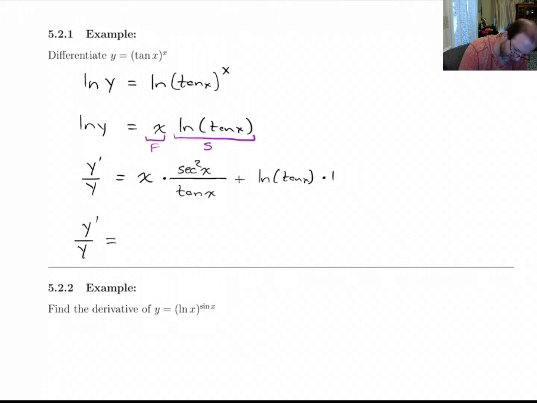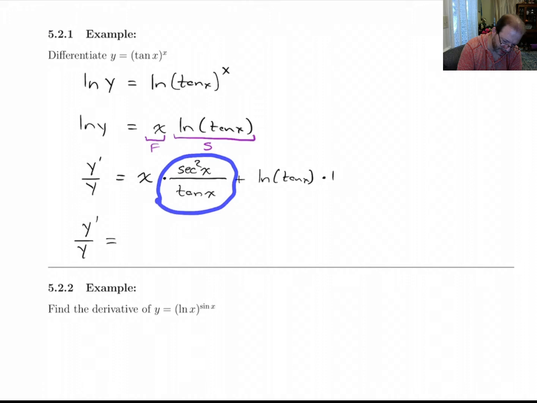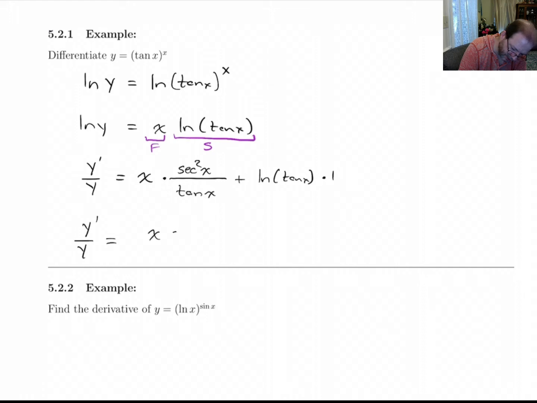There's not really much we can do here. We might be able to rewrite this in terms of sines and cosines and maybe cancel something, but let's not worry with that. Let's just rewrite this as x secant squared x over tan x plus natural log of tan x.